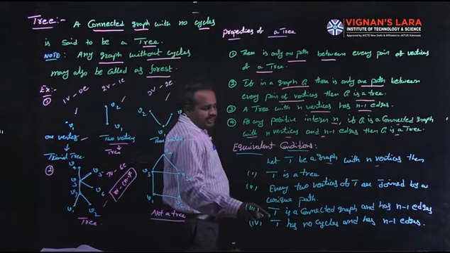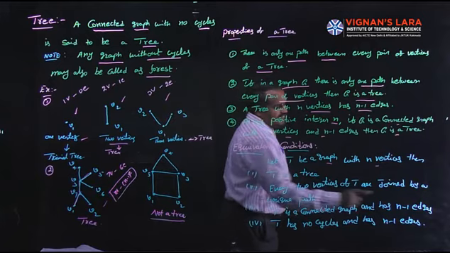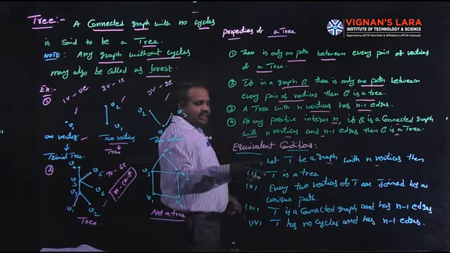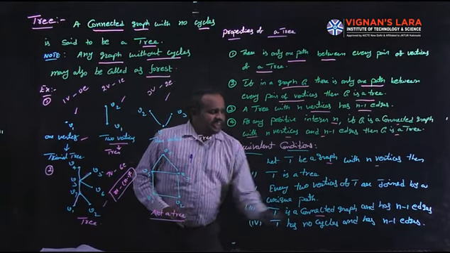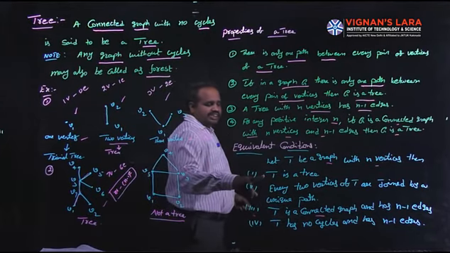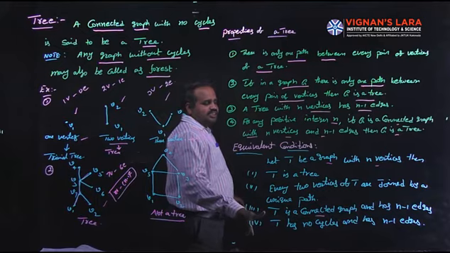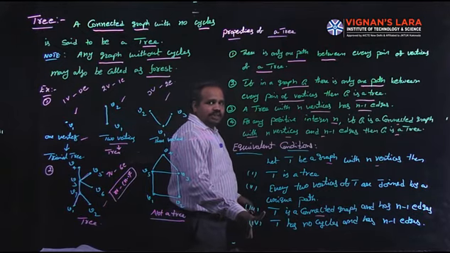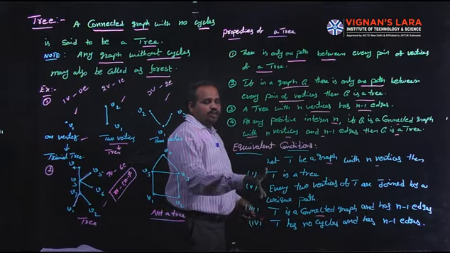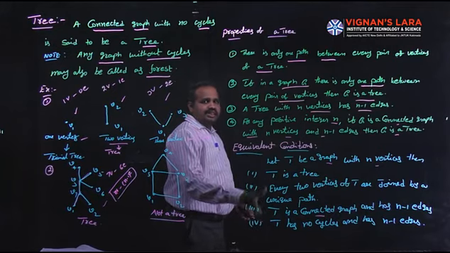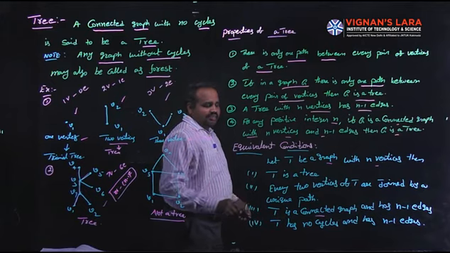Coming to the third point, T is a connected graph having n minus 1 edges. If any one of these is satisfied, obviously the other is satisfied. If T is a tree, obviously T is a connected graph having n minus 1 edges. If T is a connected graph having n minus 1 edges, obviously it becomes a tree. That is called an equivalent condition.